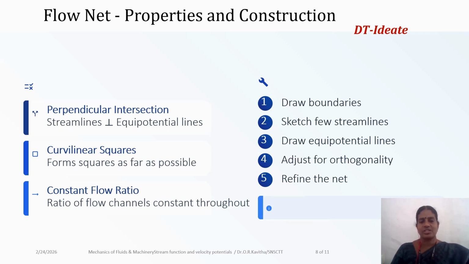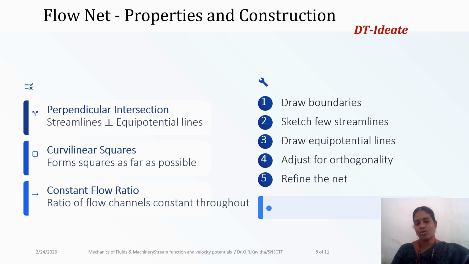In construction, the streamlines and equipotential lines are always perpendicular to each other, and they form curvilinear squares, as close to squares as possible. In the flow net diagram, if you draw the streamlines and equipotential lines, they form squares, so we call them curvilinear squares.